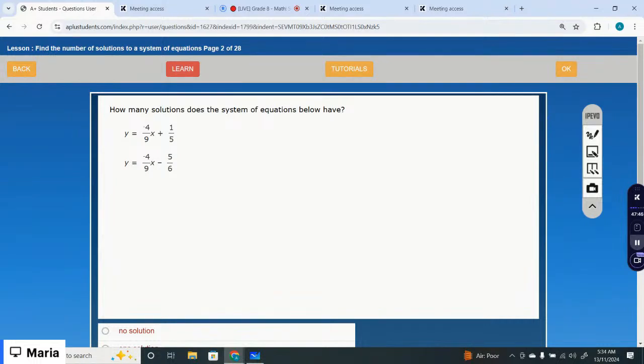How many solutions does the system of equations below have? Y equals negative 4 over 9x plus 1 by 5 and y equals negative 4 over 9x minus 5 by 6. So which is the correct option? Both the equations have exactly same slope, right?